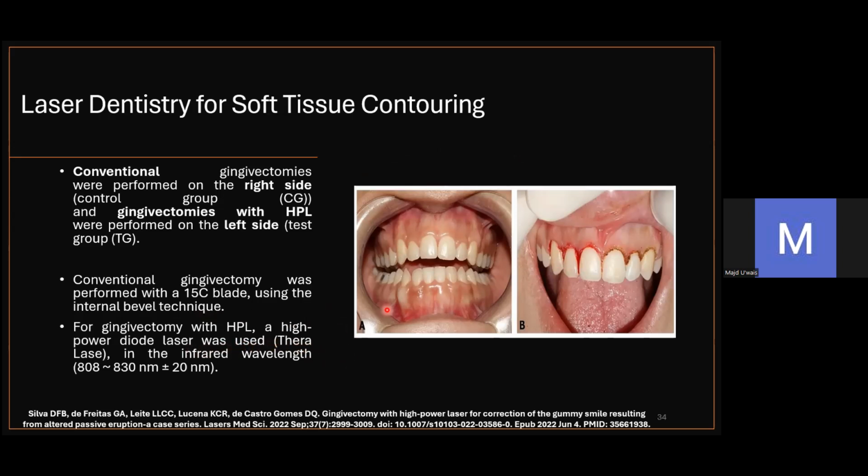And of course, the amount to be removed was marked with a biological pin, then removed in both methods, in both sides. So the right side by conventional, the blade technique, and the left side, gingivectomy was done using the laser.